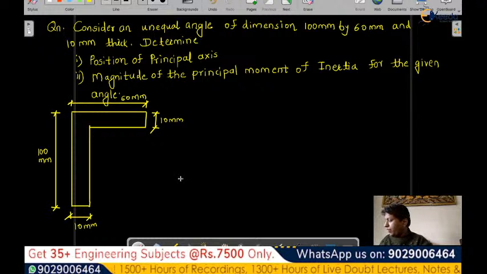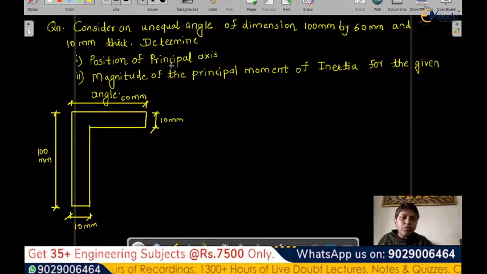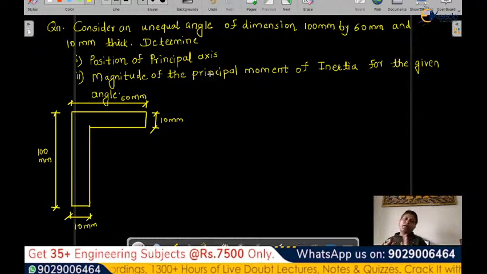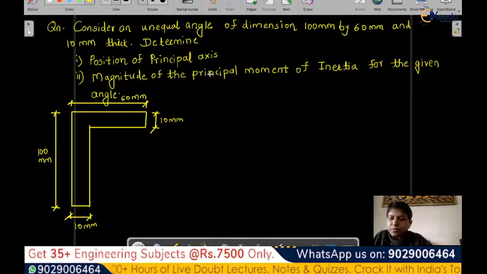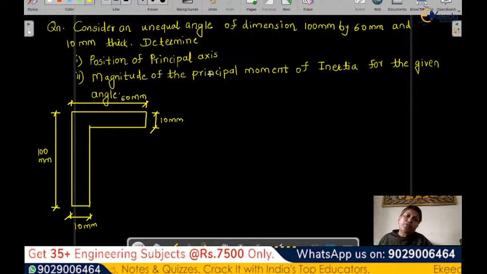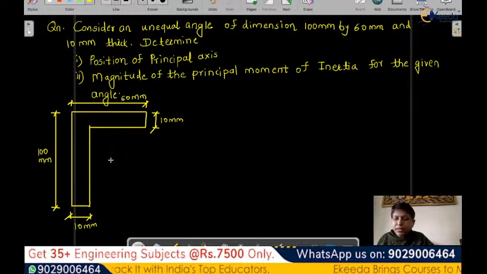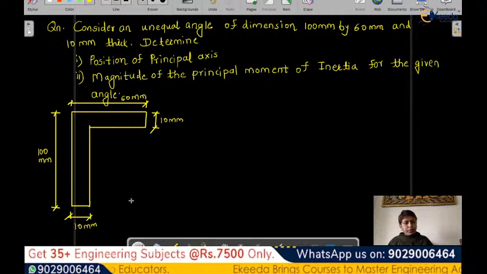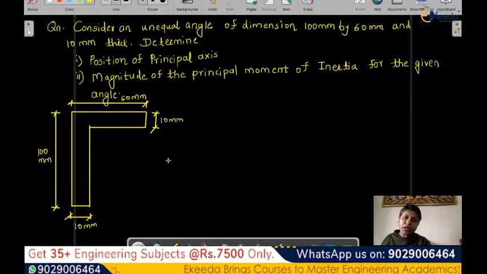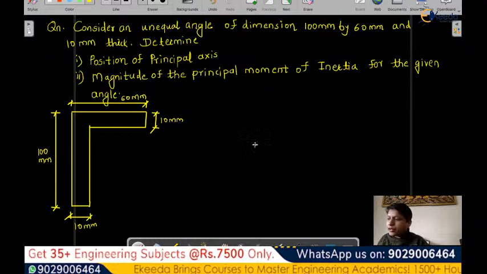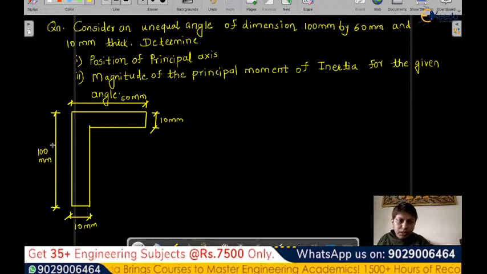Now we have to find out the position of the principal axis. For that, what are the steps? Position of the principal axis means we first have to find the centroid. Where is the centroid lying? So x bar and y bar. Students, I need your help with the calculation of the centroid of this particular section.